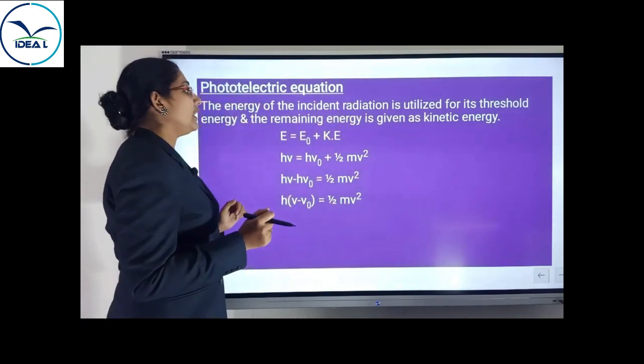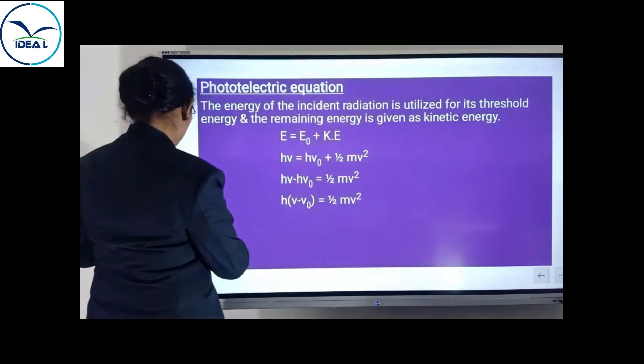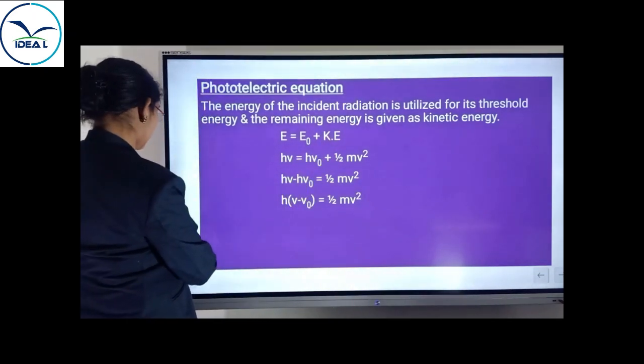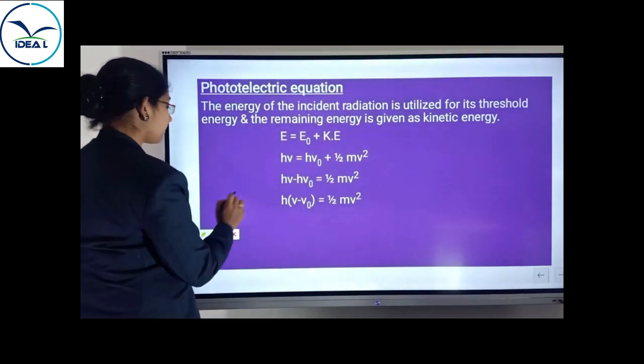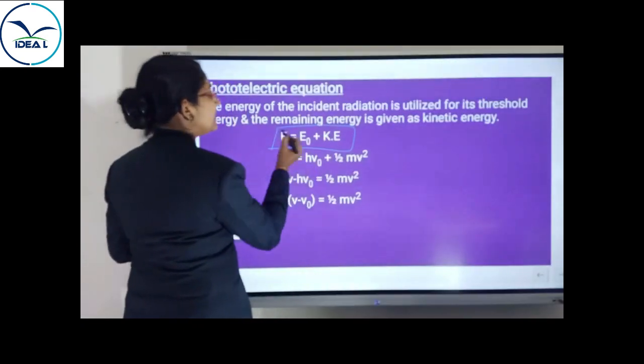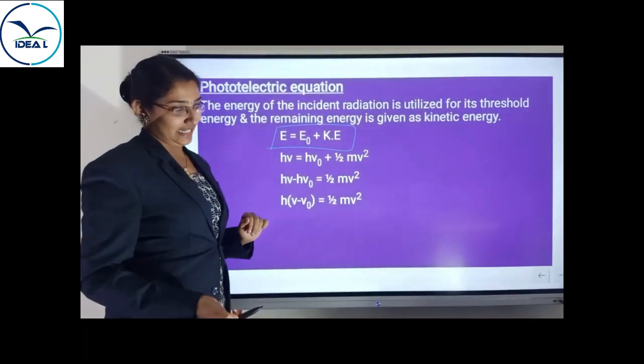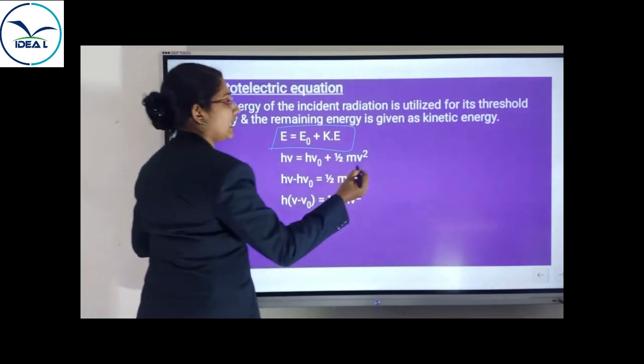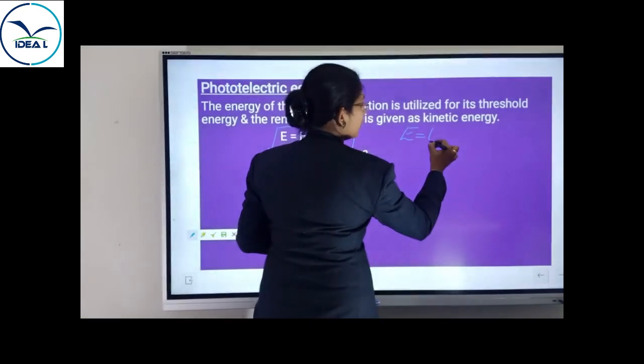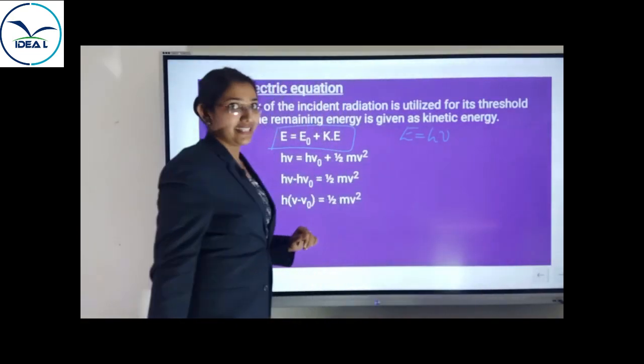So the photoelectric equation is E = E0 + kinetic energy. Okay, and we know that E = hν, Planck's quantum theory.